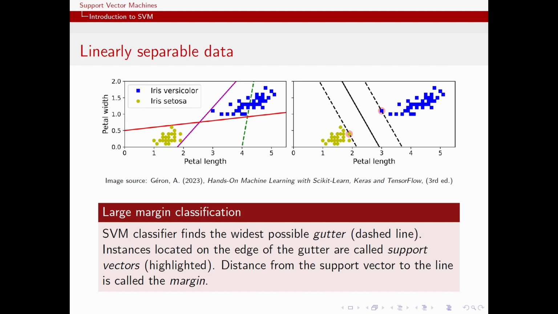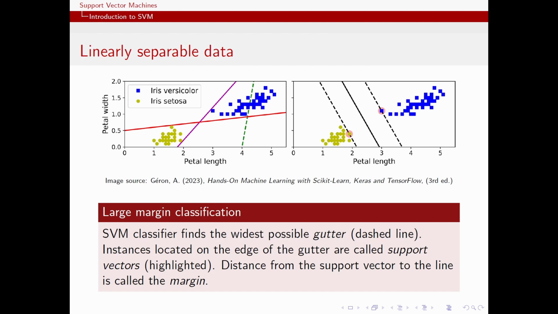However, most of these will not be an optimal separator, so we want to separate the data such that we maximize the margin between the 2 classes. And you can see that on the right image.